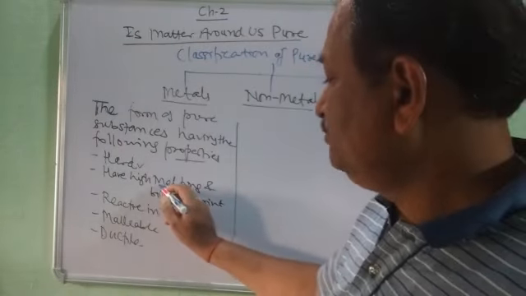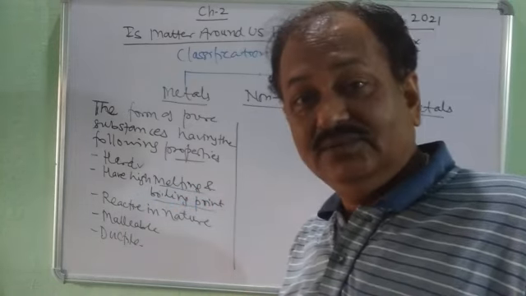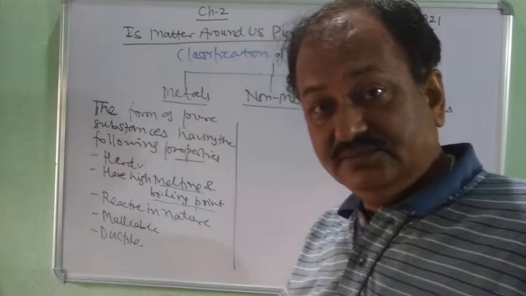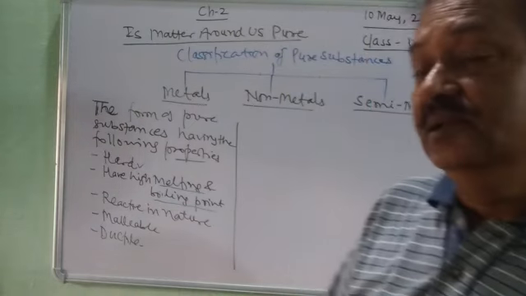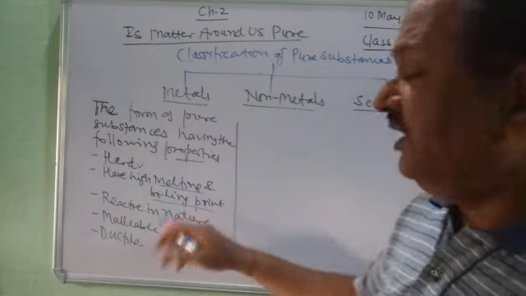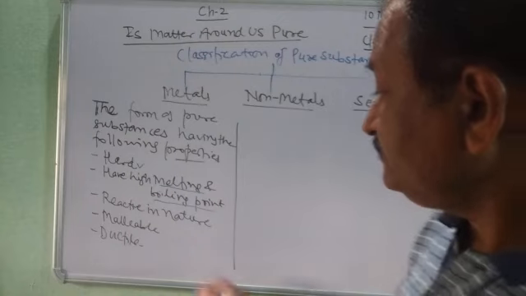Now they have high melting point, high boiling point. Melting, what is melting? The change in state from one to other. Like metals on heating, they are converted into liquid. Then boiling, you all must be knowing from the first chapter.